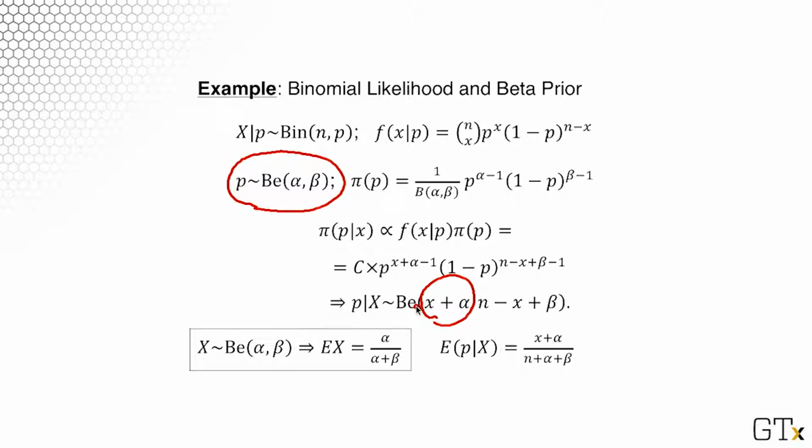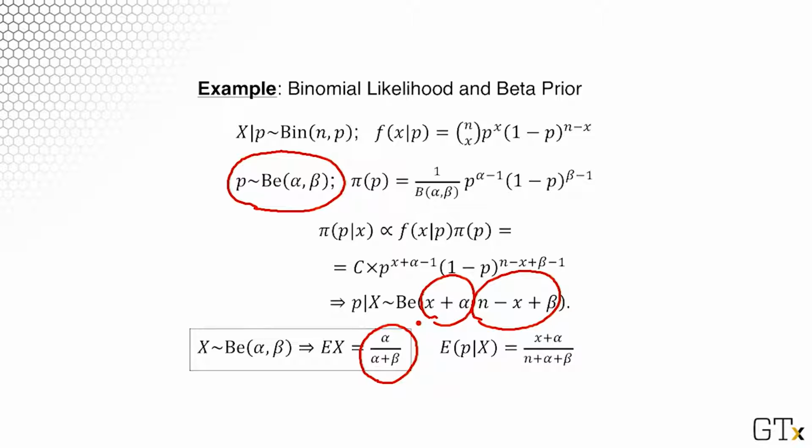Alpha gets updated by adding x to it, and beta gets updated by adding n minus x to it. So since the mean of the beta distribution is simply the first parameter divided by the sum of the parameters, we can find the mean of the posterior. The mean of the posterior is x plus alpha divided by the sum of these parameters.